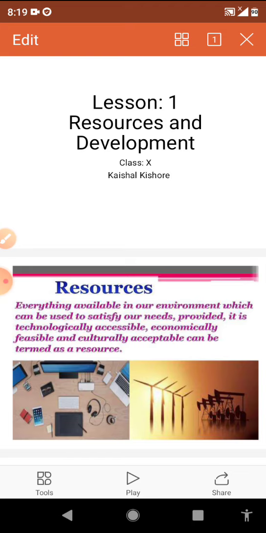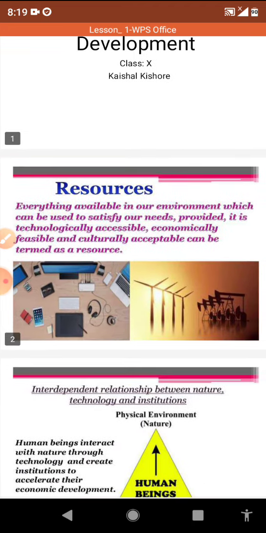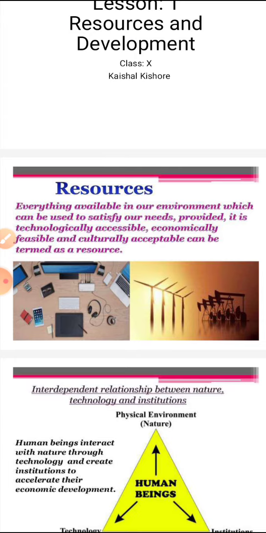Everything available in the environment which can be used to satisfy our needs, provided it is technologically accessible, economically feasible, and culturally acceptable, can be termed as a resource. So, these three terms, technologically accessible, economically feasible, and culturally acceptable, are the three conditions to convert the gift of nature into resources.